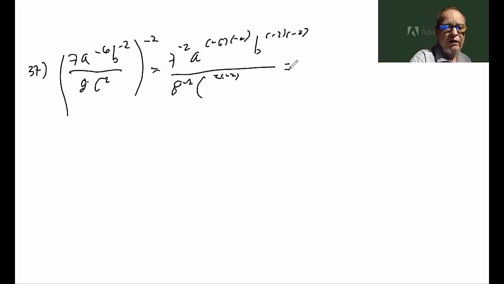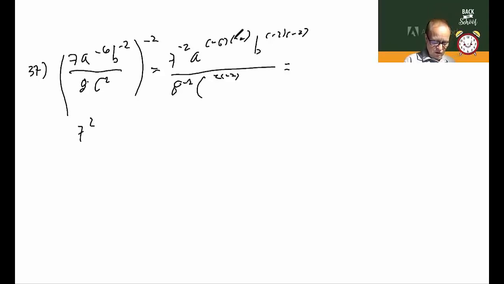And there we have 7 to the negative 2. A negative 6 times negative 2 will give us positive 12.